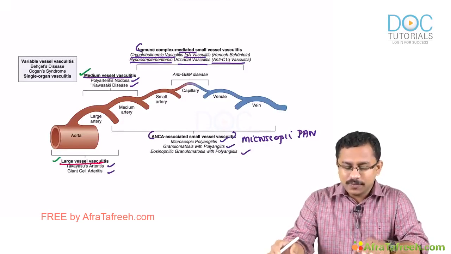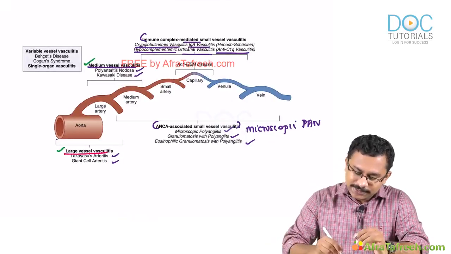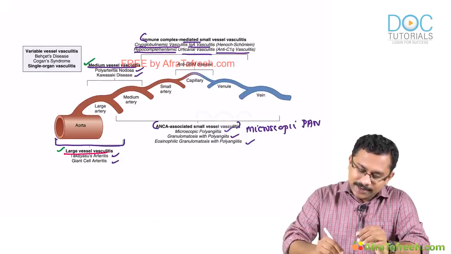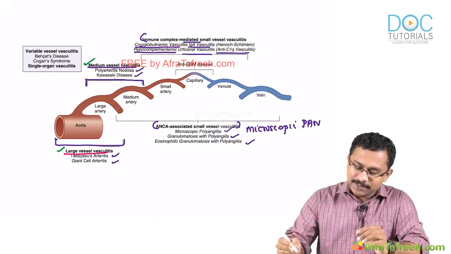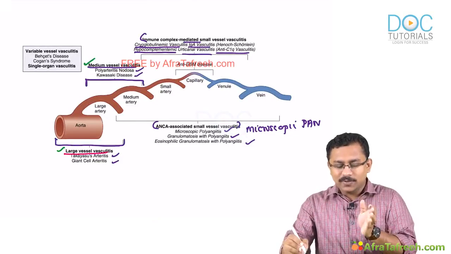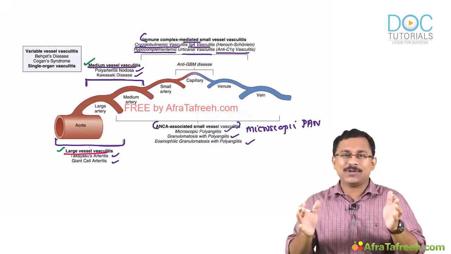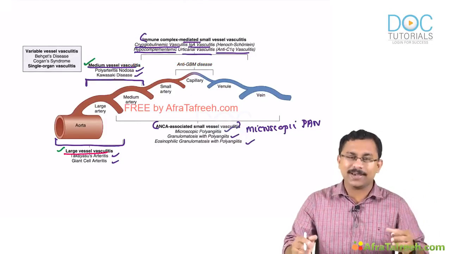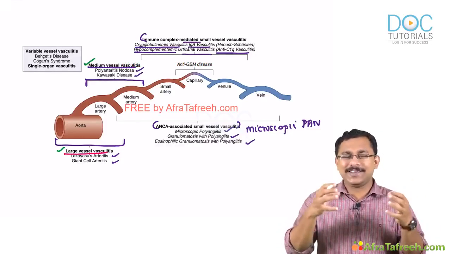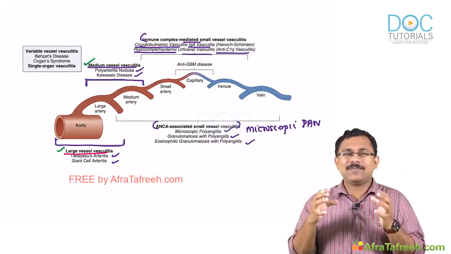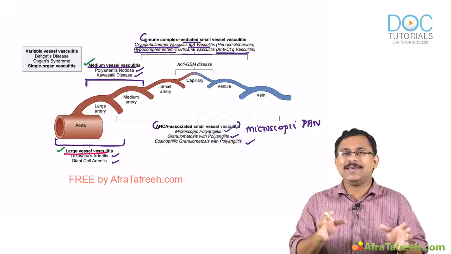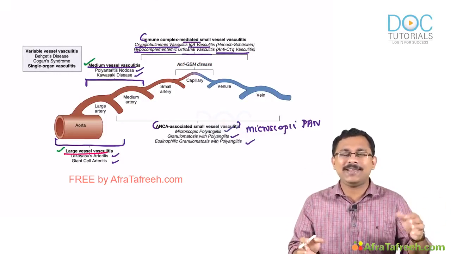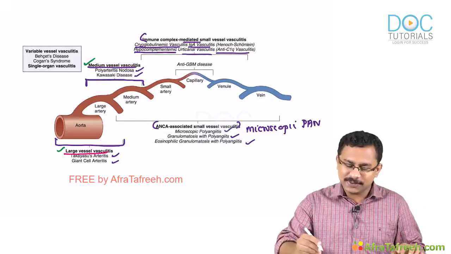So if you notice here in this picture, you see this is the large vessel vasculitis and you see medium vessel vasculitis here. And you might have noticed, there is an overlap also between the large vessel as well as medium vessel. There can be overlaps in the region of vessels that are involved. So always keep in mind predominantly medium vessel is the medium vessel vasculitis and predominantly large vessel is the large vessel vasculitis.